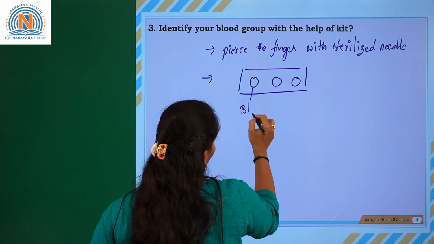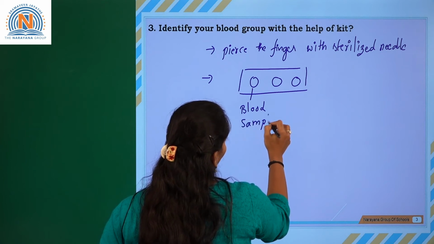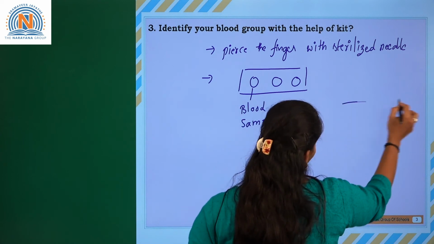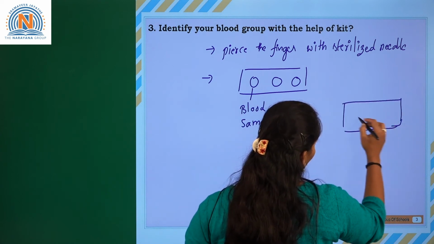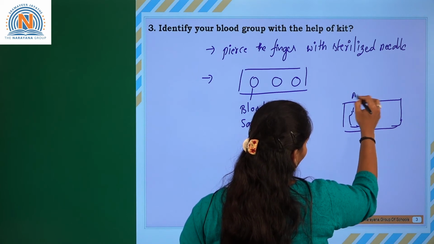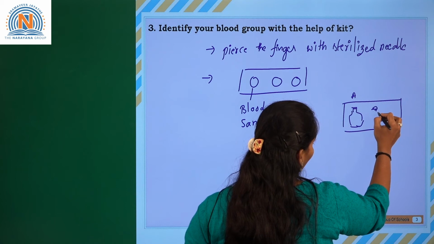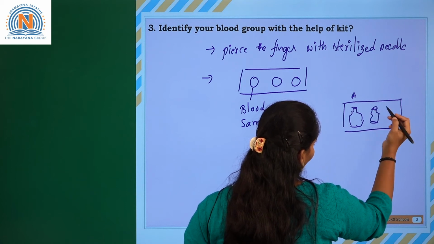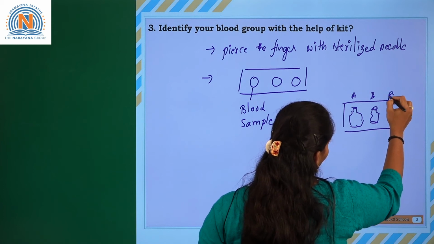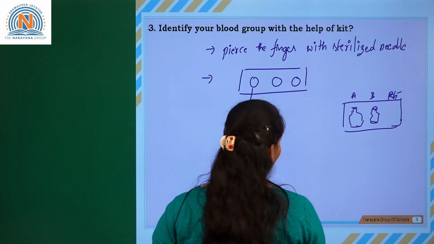This is the blood sample. We have 3 bottles in the kit. One bottle is antisera A, the other bottle is antisera B, and the other one is RH, positive or negative.